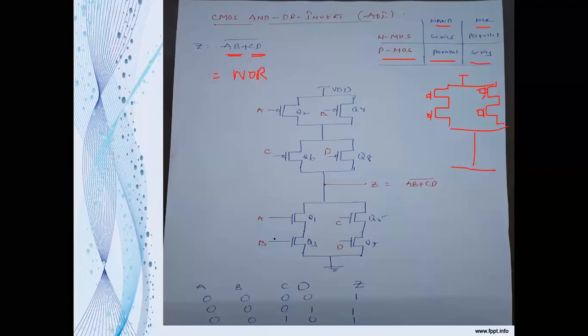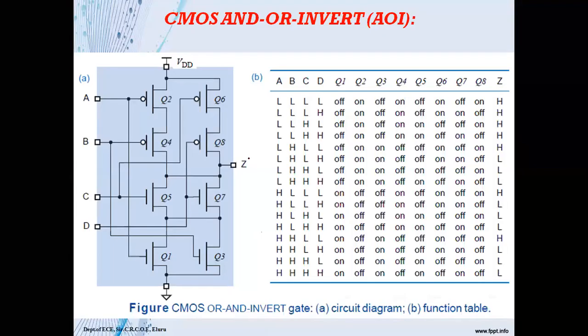Now for this circuit, it is very difficult for us to describe the switching model for gates like this CMOS AND-OR-invert. Therefore we won't go with the switching model, but we will go with the truth table. Here, remember that one can assign any number to any transistor according to their wish and convenience.